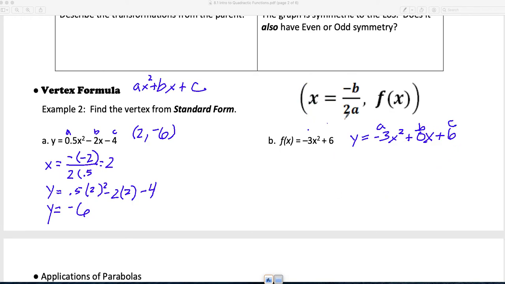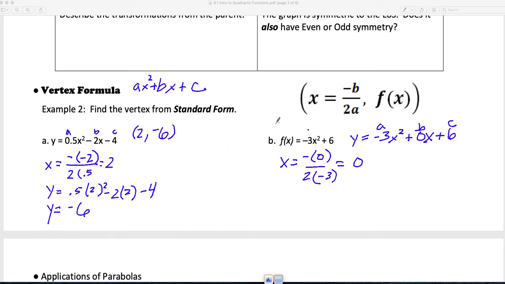So I plug that into my formula, and x is equal to negative 0 over 2 times, which is right there, and A is negative 3. Well, this is my favorite kind because I can divide anything into 0. This is fine. That tells me my vertex is going to be 0. Okay?